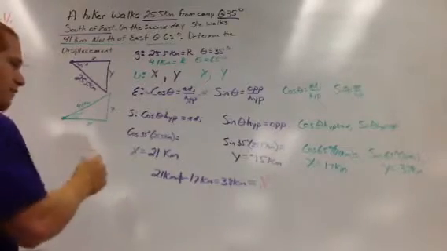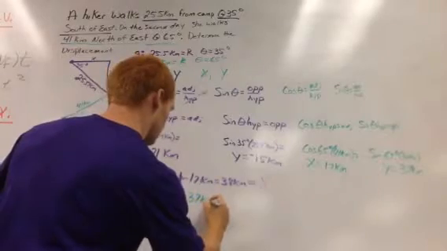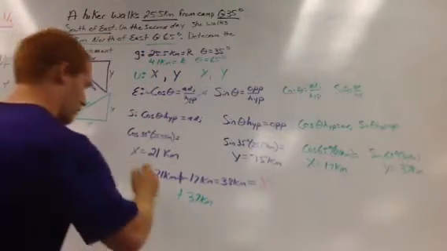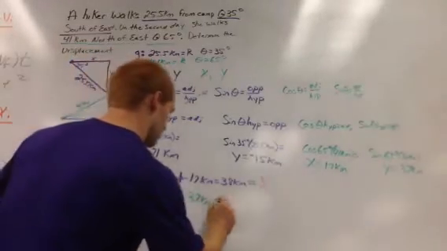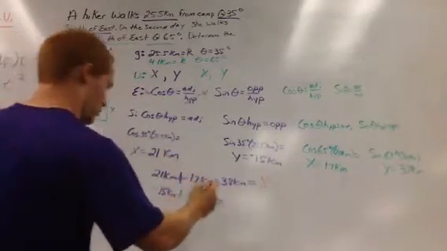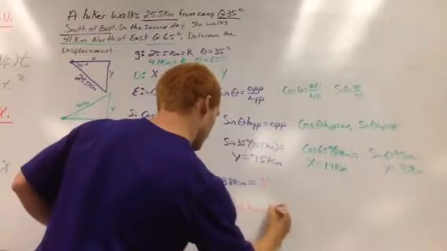Then we're going to have our y value, so we have 37 kilometers plus a negative 15 kilometers. This is going to equal our new y value of 22 kilometers.